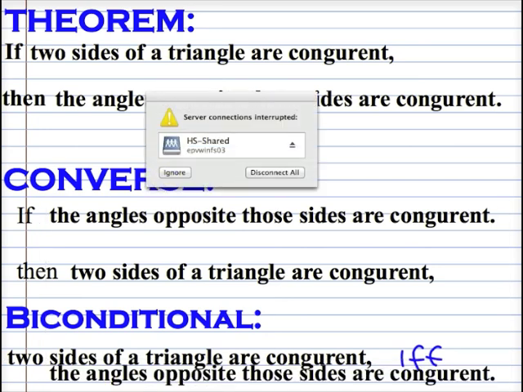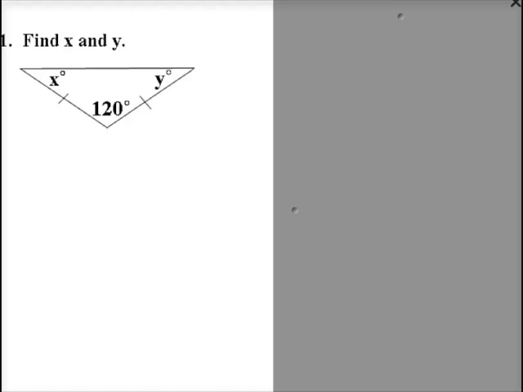So let's use that to solve some problems here. Here I have an isosceles triangle. The reason I know it's isosceles is there are these congruence marks on the legs. So remember, isosceles triangles, if the legs are congruent, then the base angles are congruent. So here's the base of the isosceles triangle. That means these are the base angles, and those are congruent. In other words, x and y are equal.